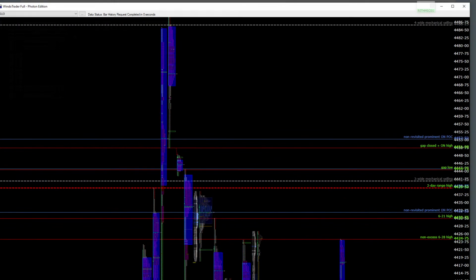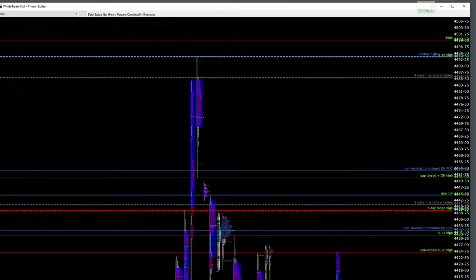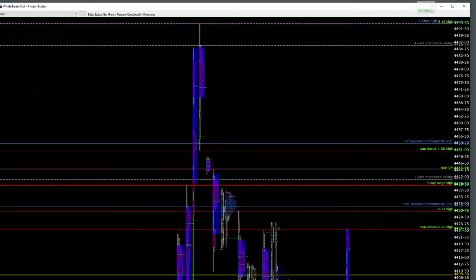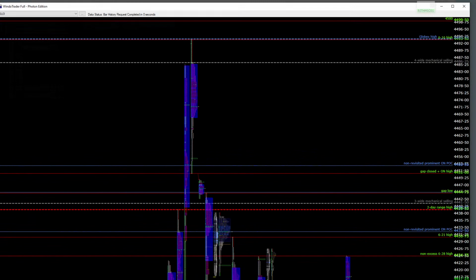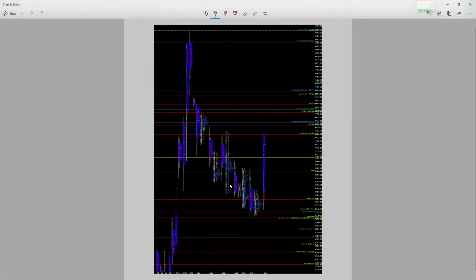Market profile. I want to take a screenshot of these levels, because when the market changes, okay, let me see. I got this one. What I have here is this inventory here.